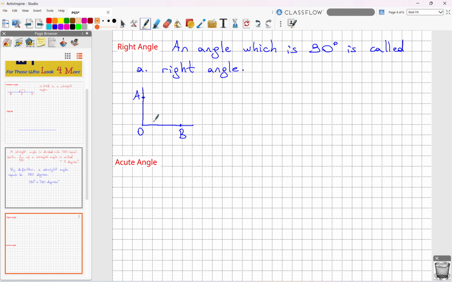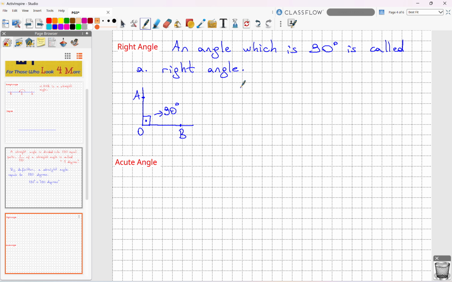This angle is exactly 1/2 of a straight angle, which is 180 degrees. So this is a 90 degree angle. For 90 degree angles, we usually show our angle with this corner notation. As soon as you see such a notation, you understand that it's a 90 degree angle, or a right angle.